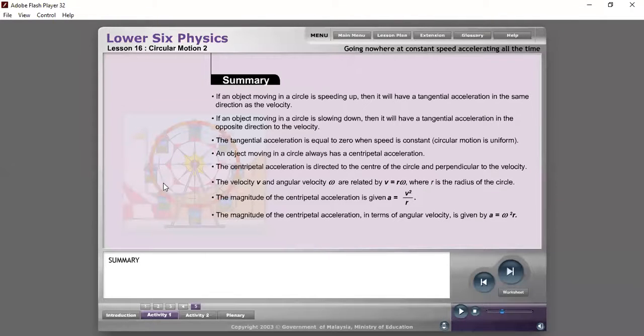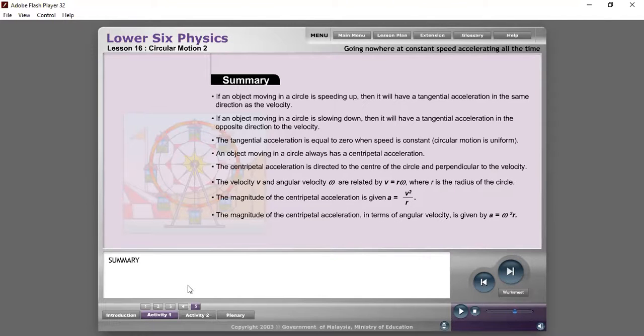The tangential acceleration is equal to 0 when speed is constant and the circular motion is uniform. An object moving in a circle always has a centripetal acceleration, directed to the center of the circle and perpendicular to the velocity.